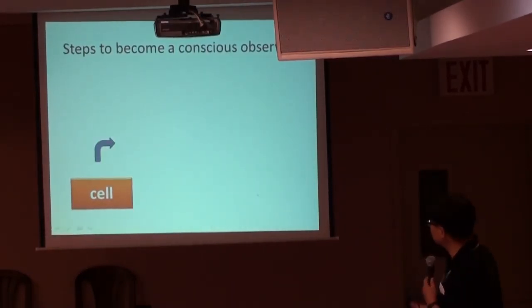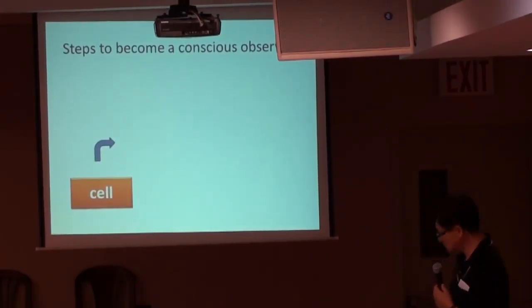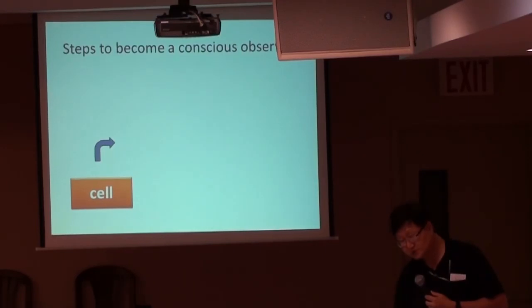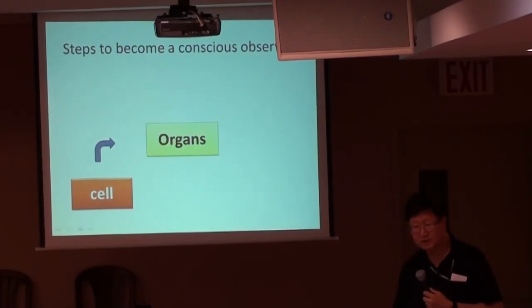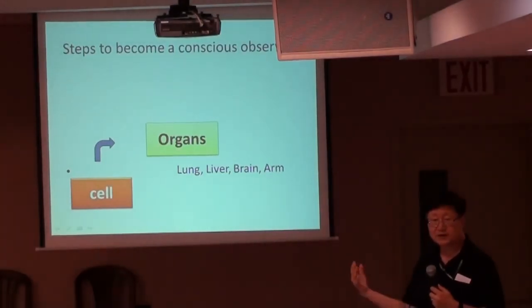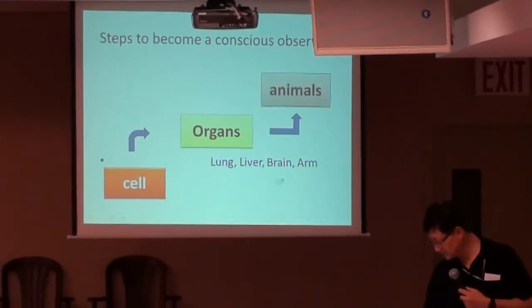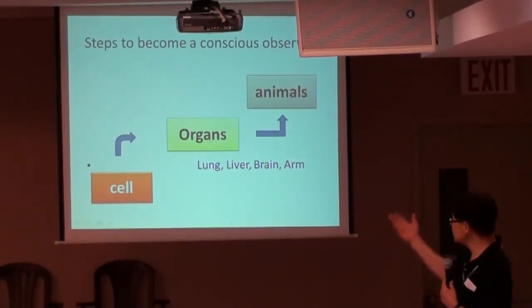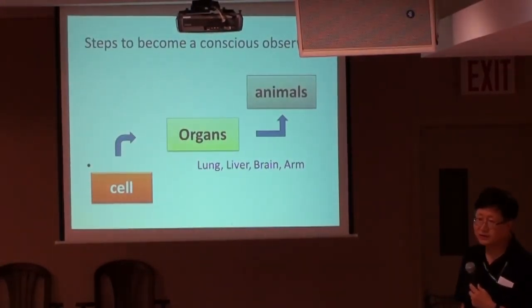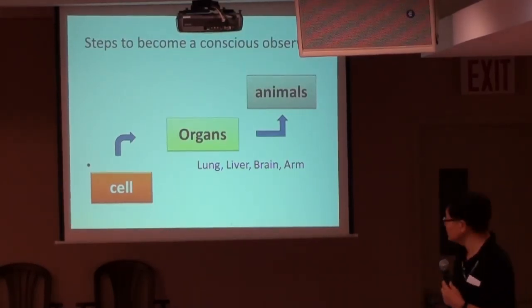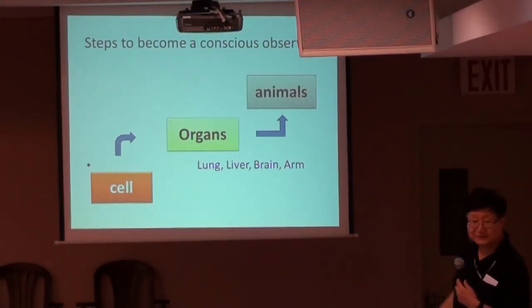This is the steps to become a conscious observer, which is now after the cell. I'm going to show the process to organs. Organ means the lung, liver, brain, arms; body parts are what we call organs. When organs get together, they become an animal. It's a conscious observer. Mostly, in the textbook, when they talk about evolution, they talk about animal to animal, right?